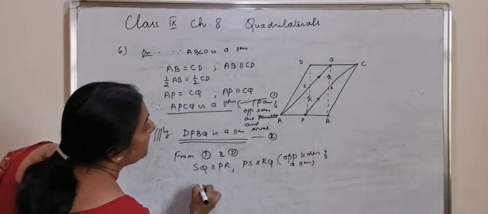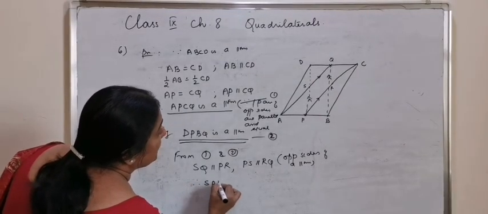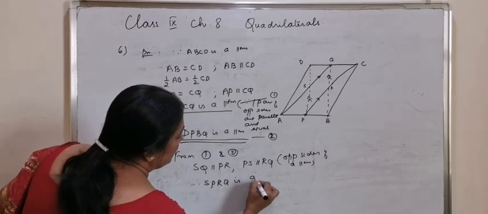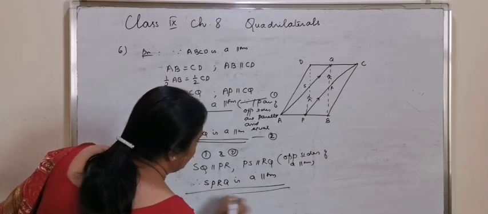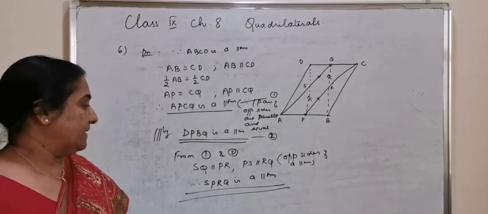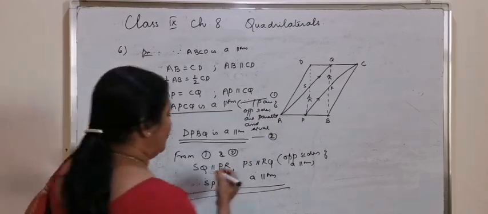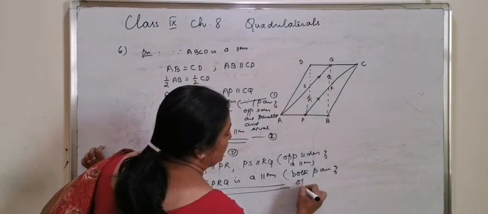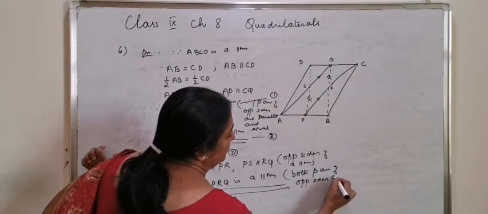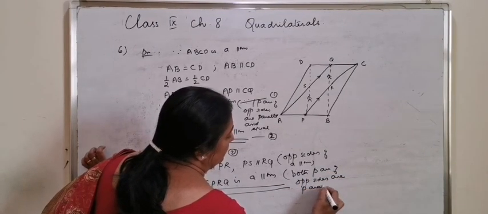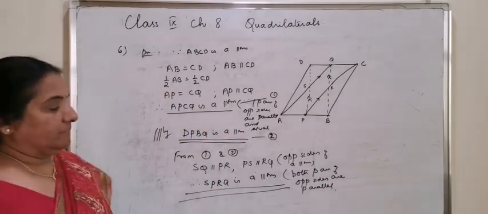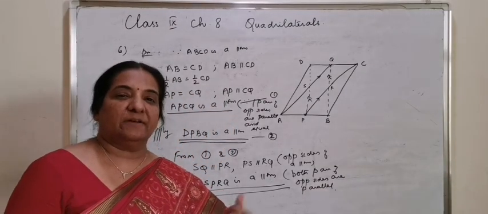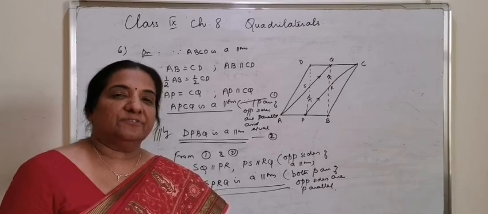Therefore, SPRQ is a parallelogram because both pairs of opposite sides are parallel. Any one of these worked out examples can be asked for a 3-mark question.